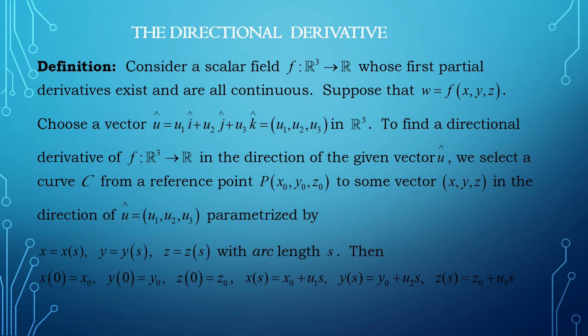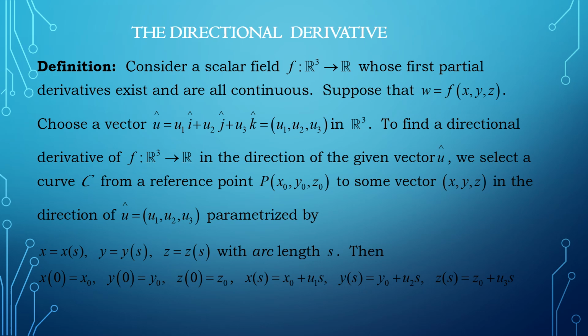We very well know that dou f by dou x is a directional derivative in the direction of x-axis. Similarly, dou f by dou y and dou f by dou z are directional derivatives of f in the directions of y-axis and z-axis respectively.